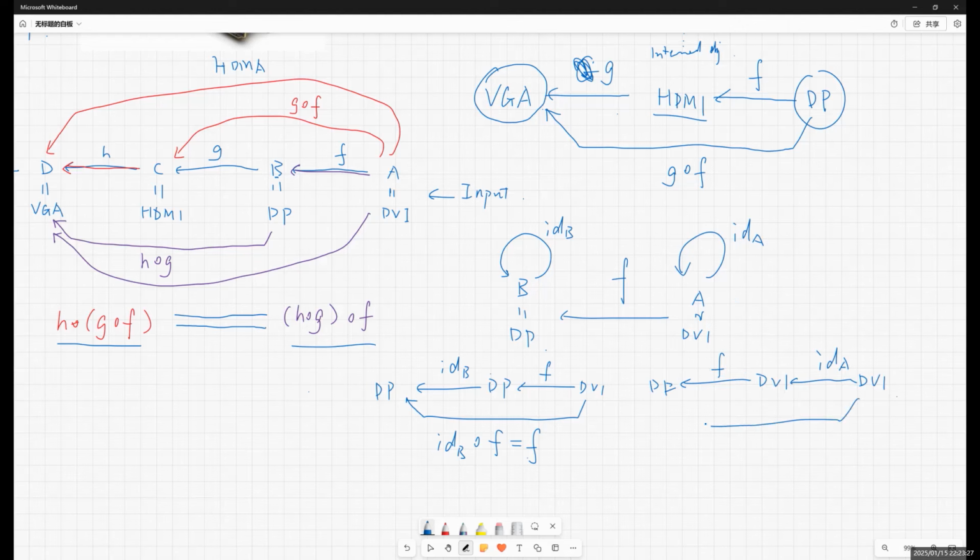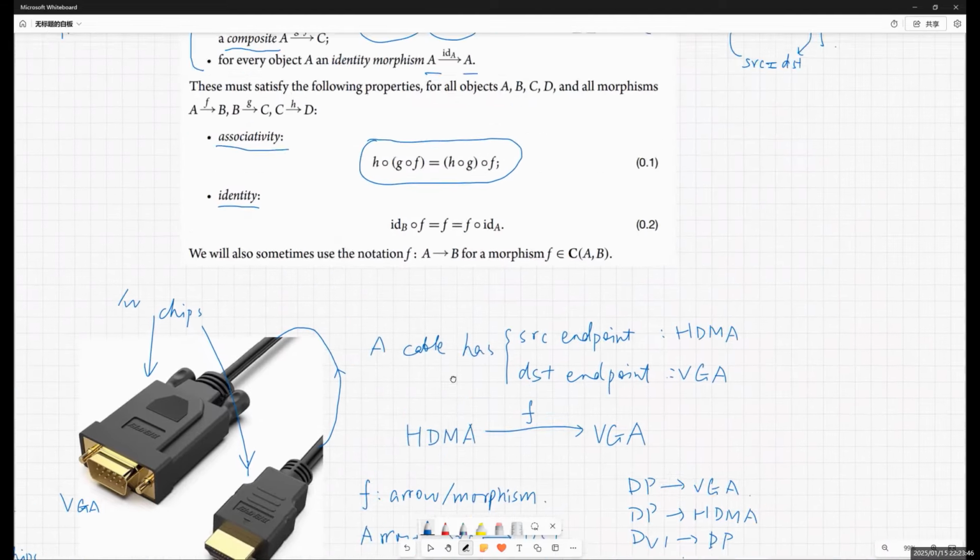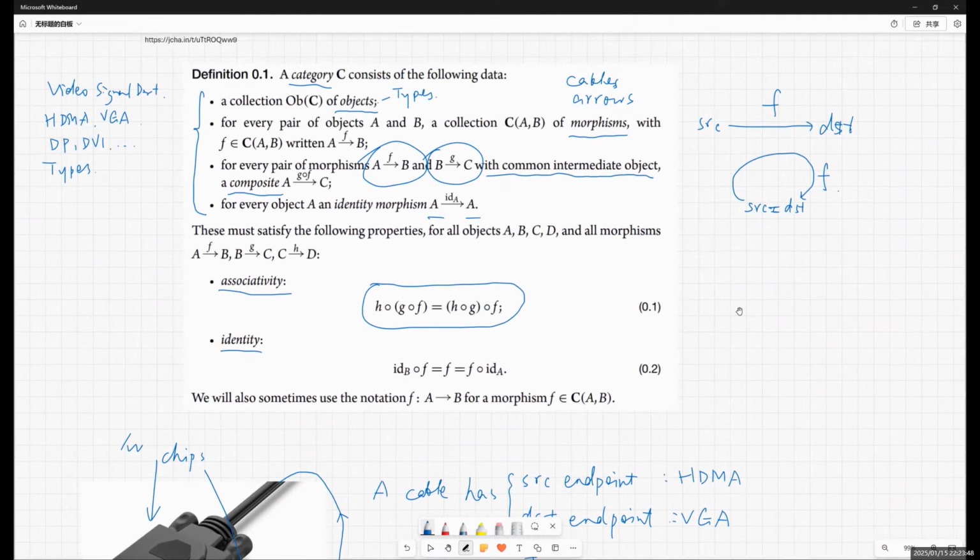So the composition makes it like f equals f idA. So they are the same. So we get this one.